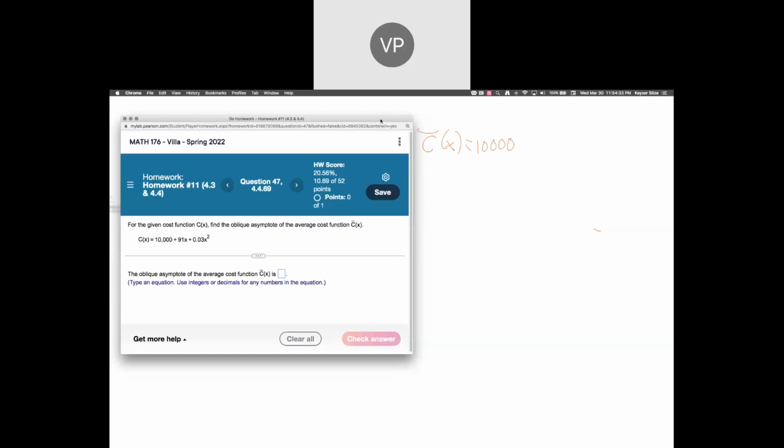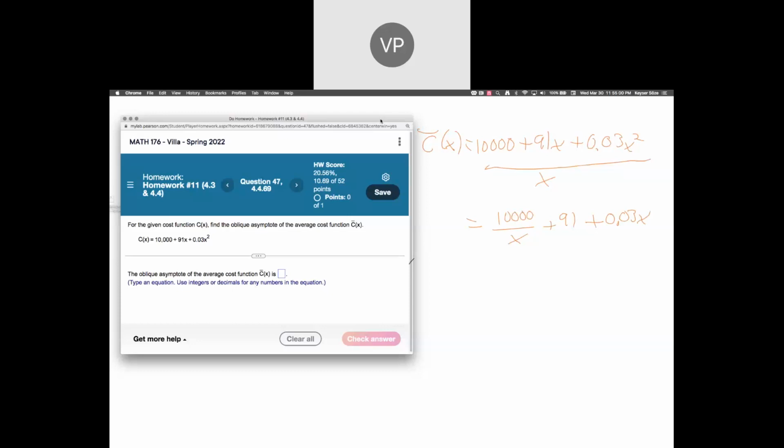So 10,000 plus 91x plus 0.03x squared. All you do is you divide it by x. So we get 10,000 over x plus 91 plus 0.03x is what that simplifies to be.